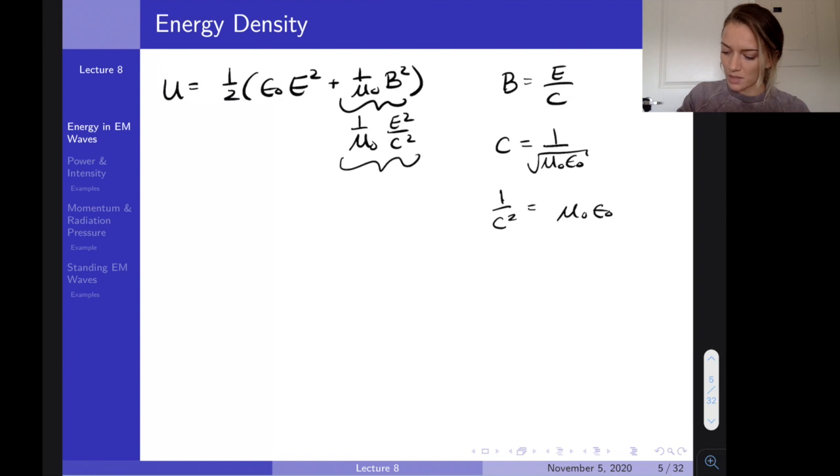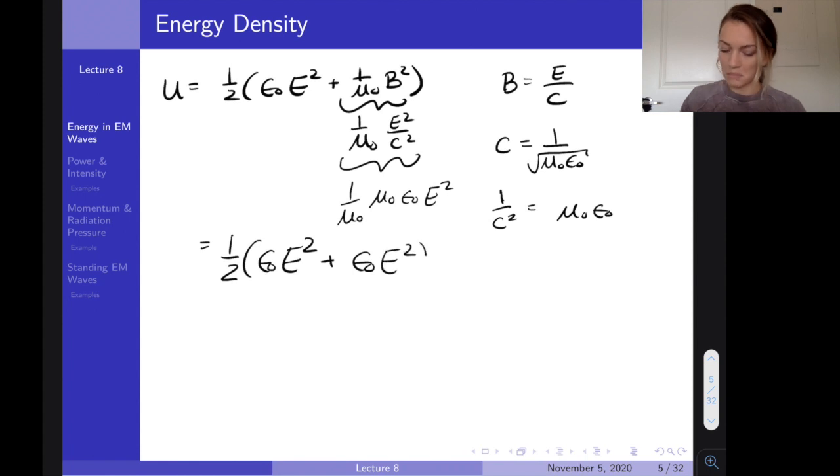Now we can see that something interesting happens. Our terms are exactly the same. The mu naught cancels, and we get epsilon naught E squared for our energy.